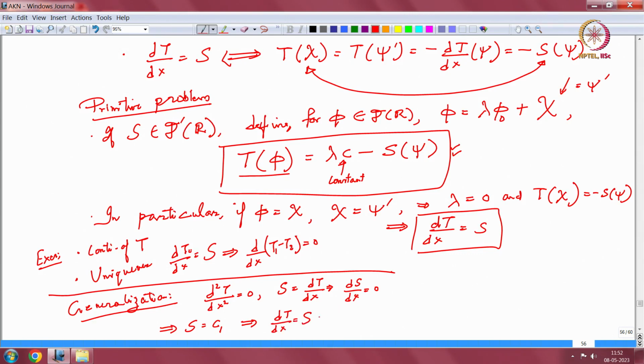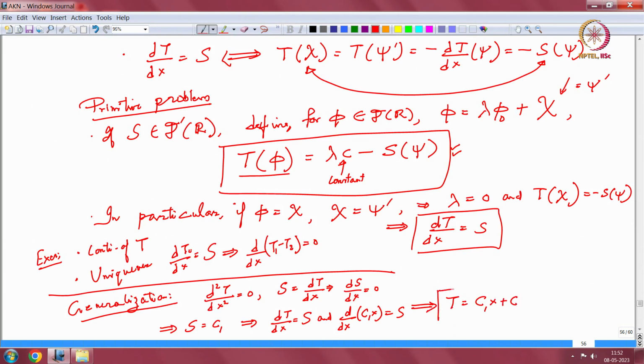and d by dx of c1 x is equal to S. Okay. So you have two distributions T and c1 x giving the same derivative S. So by our uniqueness, that will imply T is equal to c1 x plus some constant c.